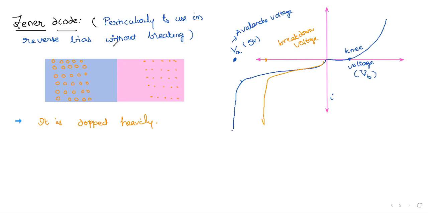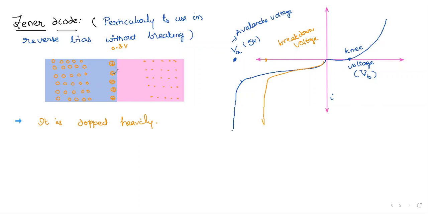In case of unbiased diode, if it is Zener diode, what is the barrier voltage? 0.3 volts, yes, for germanium. So in case of barrier, I get that 0.3 volts maybe with just one column only. Why? Because I am getting more number of ions here in a column.